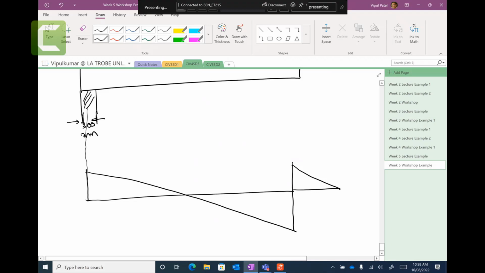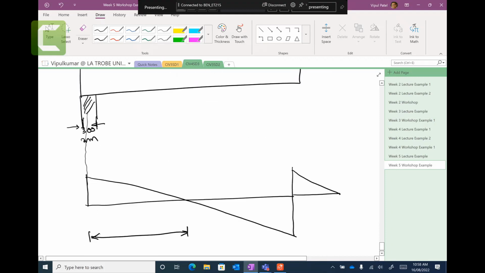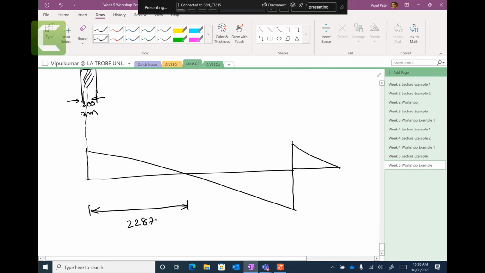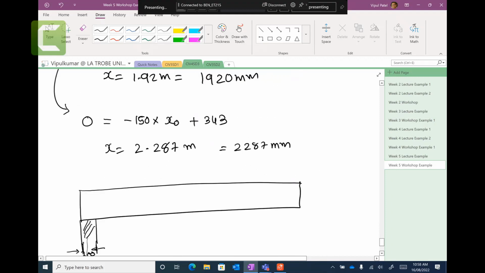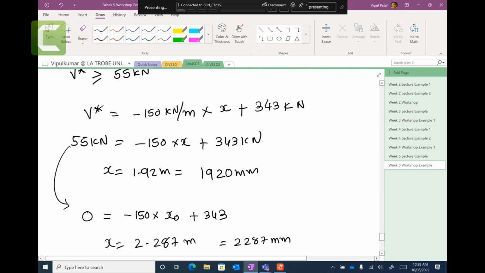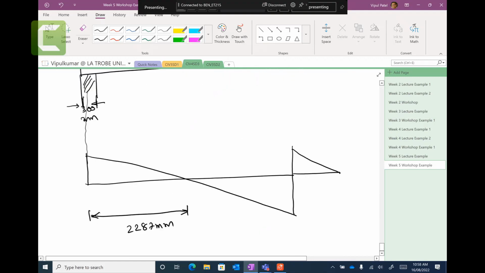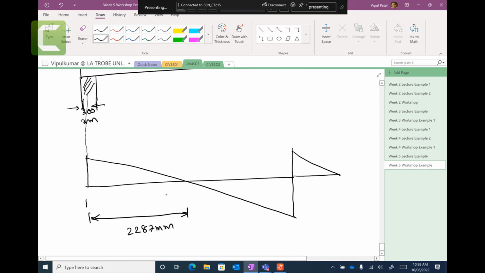So this distance from here to here is 2287 millimeters. The other one we found as x distance is 1920. So from here to provide the fitment is 1920 millimeters. You with me, right?